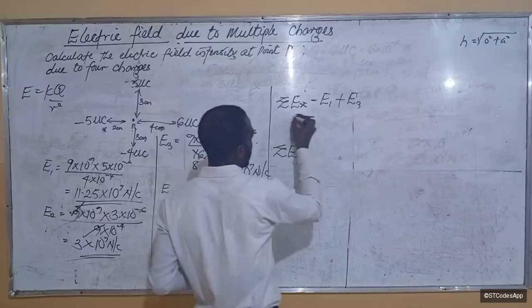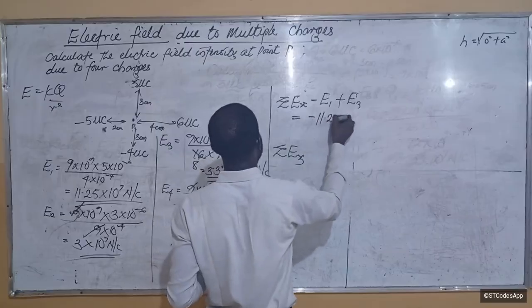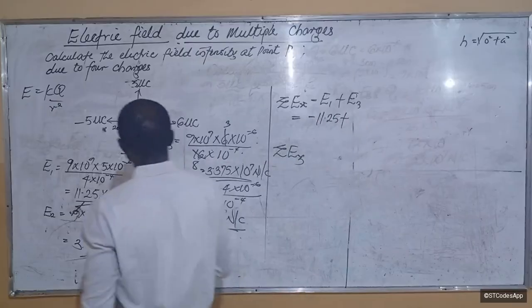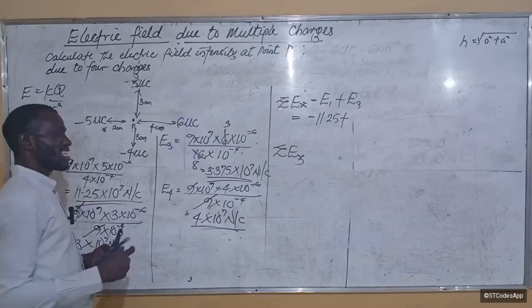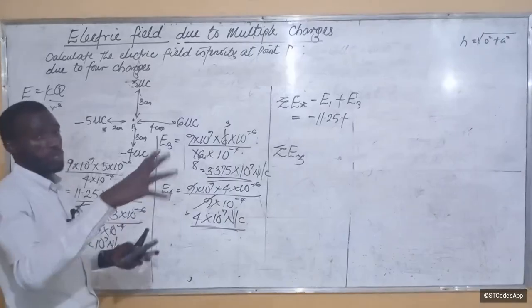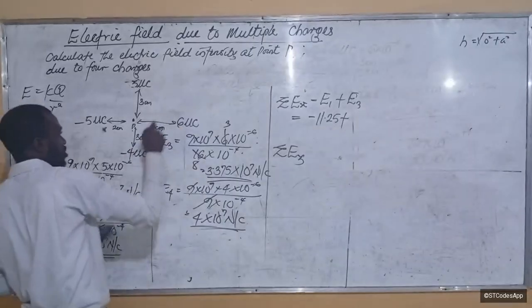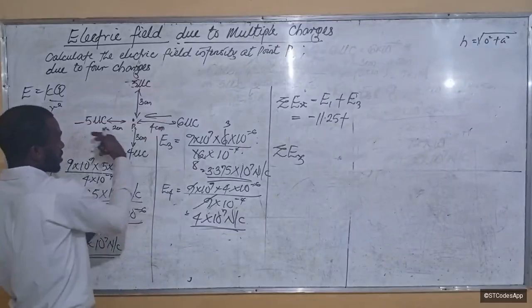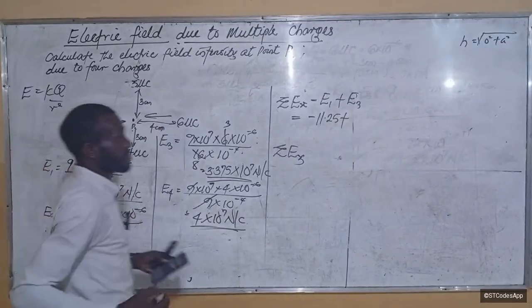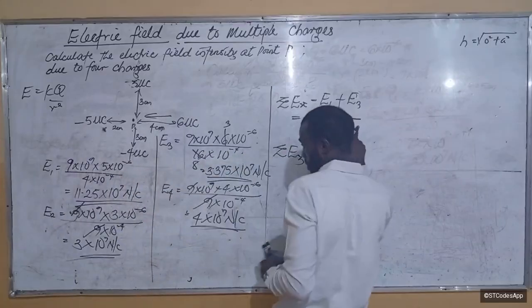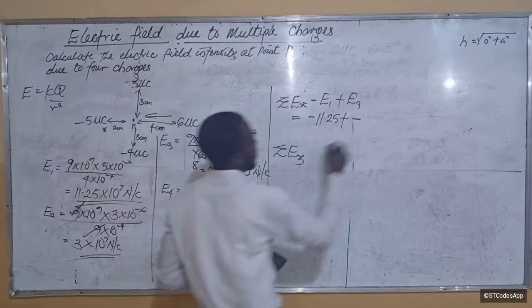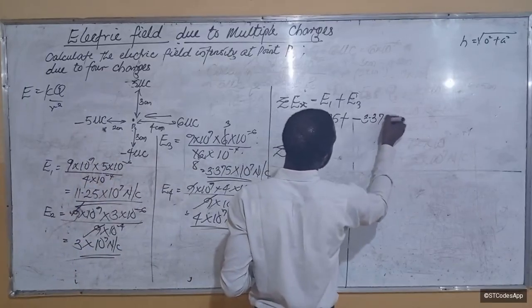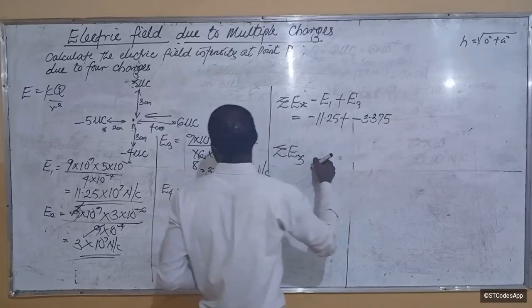So that will be minus 11.25 plus E3, which is positive. Which direction will positive push? A positive charge is radially outward, right? It will be away from this charge, so it will still be pushing in the negative direction. That becomes minus E3, which is 3.375.